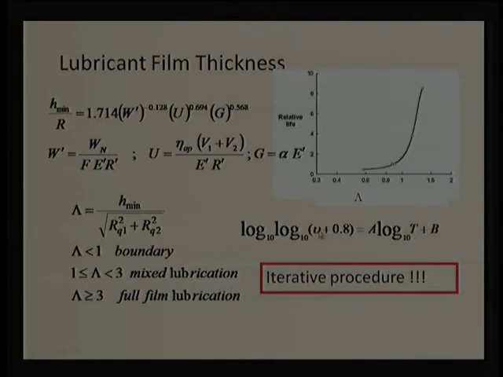Once we know the viscosity at two different temperatures, 40 and 100 degrees centigrade, we can find the values of A and B, and this relation can then be used iteratively to find the operating viscosity. The question comes, how to iterate this?